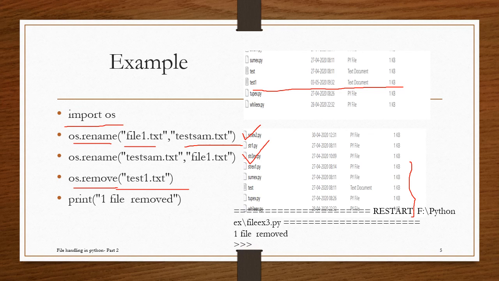So as an example showing rename and remove, the parameters for rename, I'm repeating once again, are two: the original file name followed by the name it is to be replaced with. The remove method has one parameter, the file name of the file to be removed.